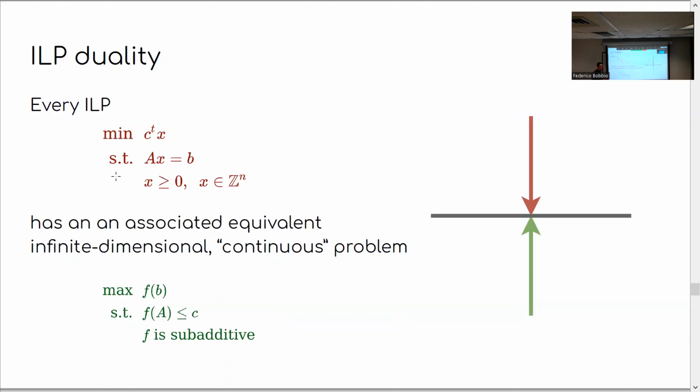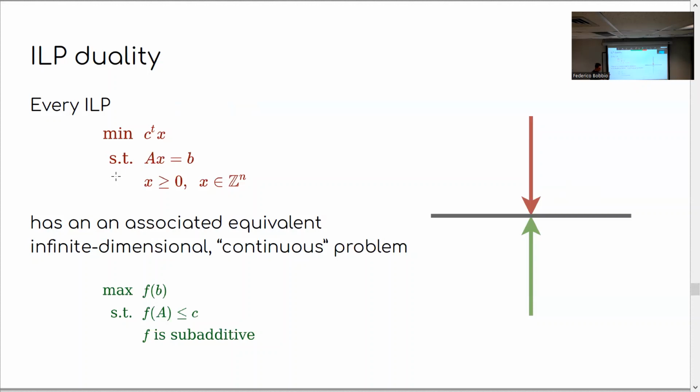Instead, it's an optimization problem over functions, in a very large class of functions at that. It's an optimization problem over all subadditive functions, and I'm going to say what that is in a minute. It's a functional optimization problem over functions that take as number of arguments the number of constraints in the original problem, m, and subject to n constraints, where n was the number of variables in the original problem.